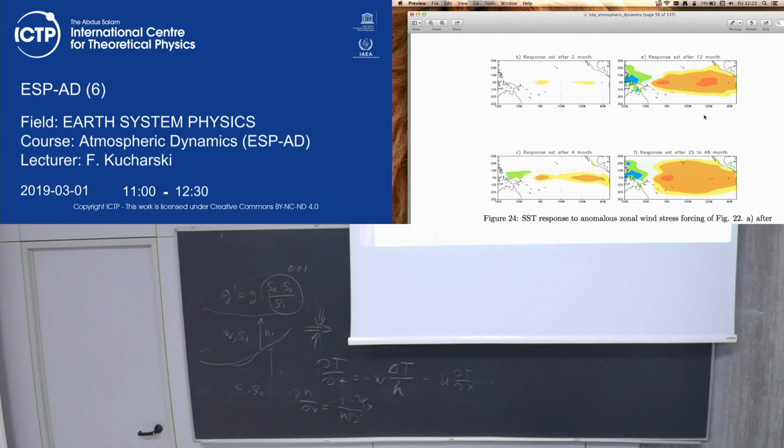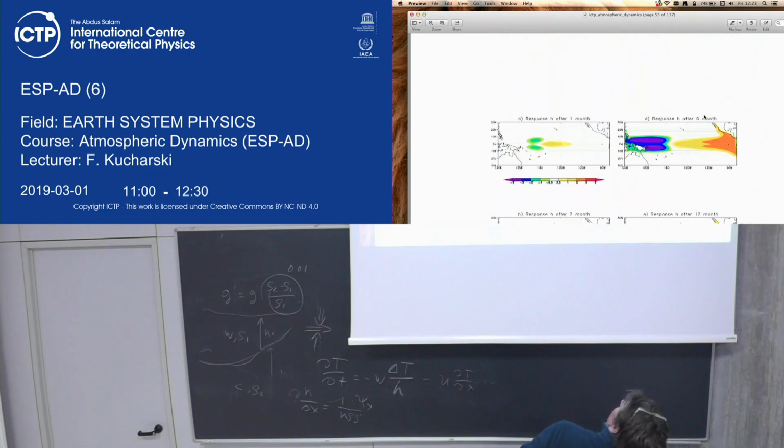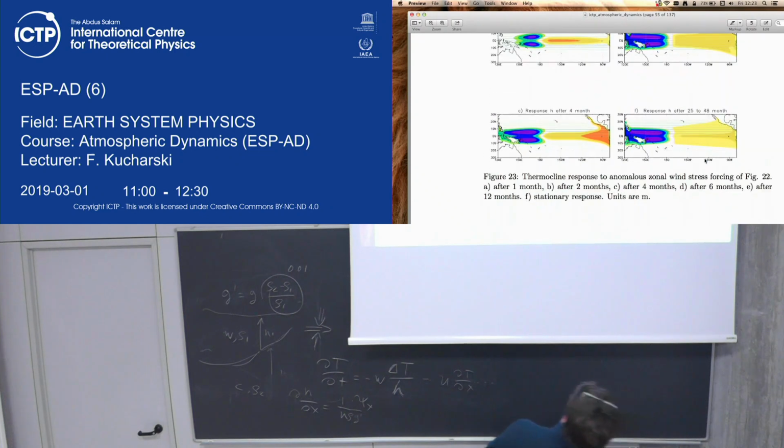So for this oscillation, there are two types of theories, but they have already converged in the literature. There's one theory called delayed oscillator, which says that what makes the signal reverse is actually the waves here that reach the equator and are reflected.